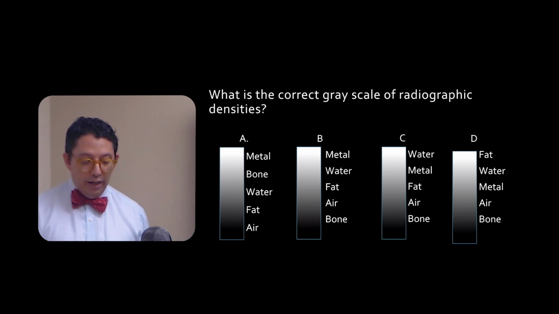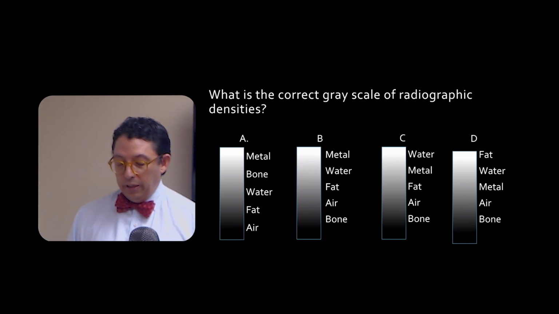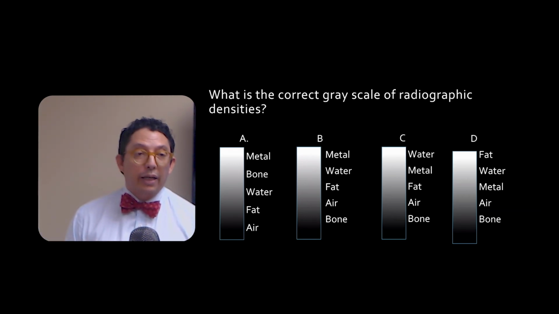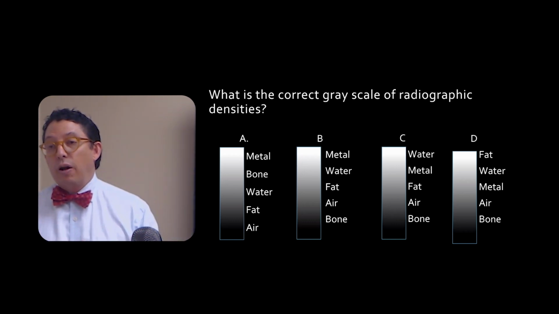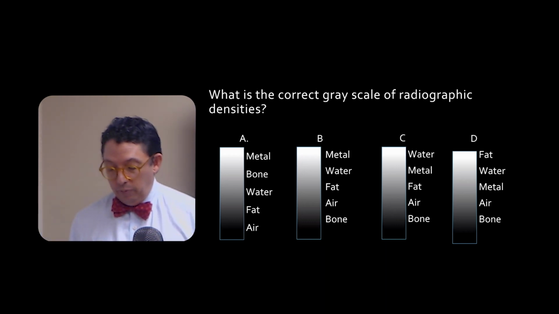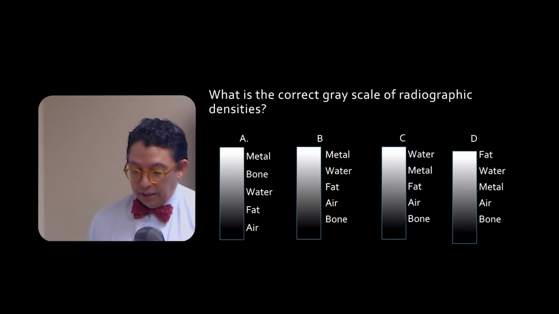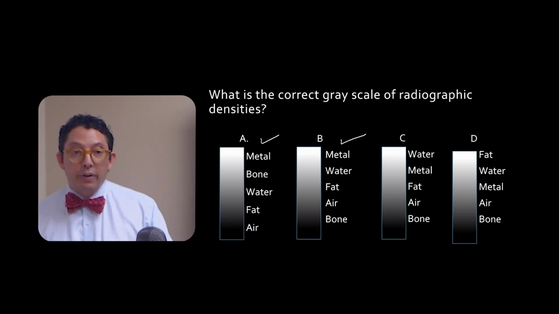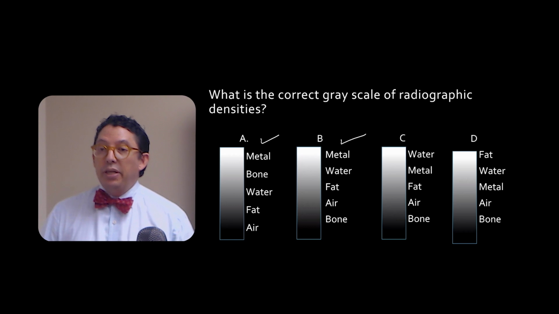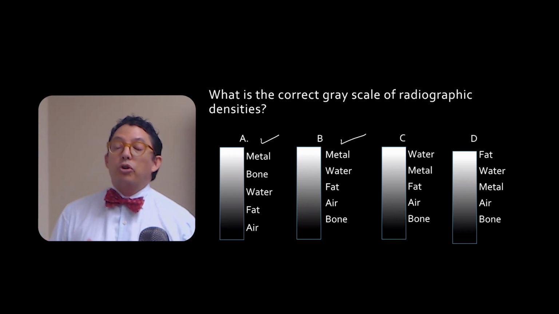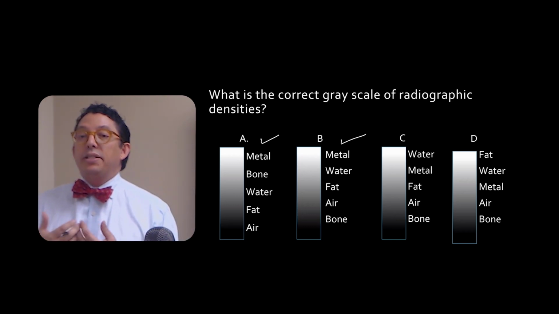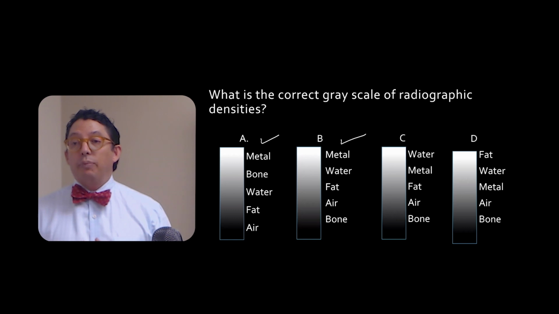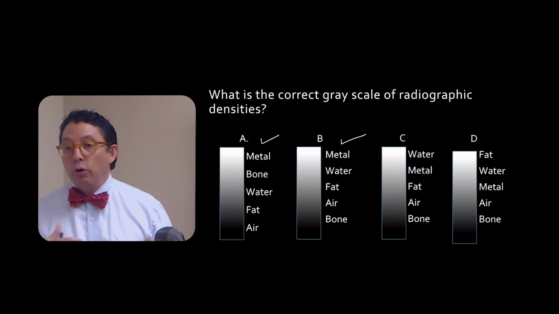So let's analyze the question. If you get something like that, you know that the thing that really does not let the X-rays cross, so it's going to be the whitest, is going to be metal. So just by looking at that, we can only have A or B being the answer. And then you see what is the molecular structure that allows X-rays to cross the easiest, which is going to be seen as the most hypodense or radiolucent.